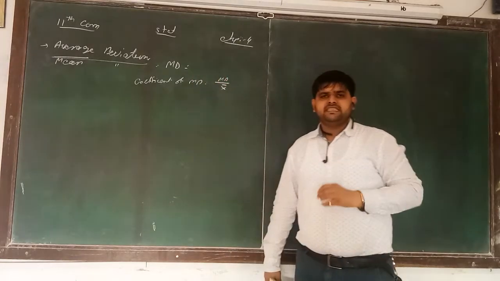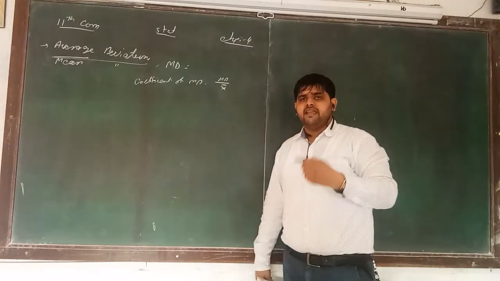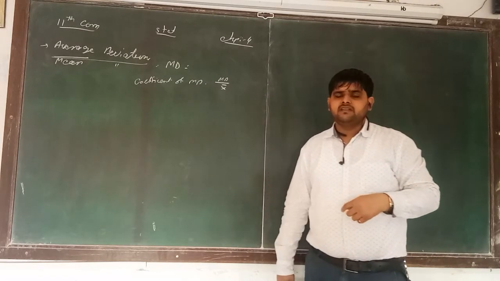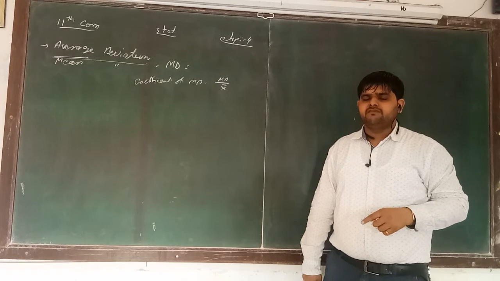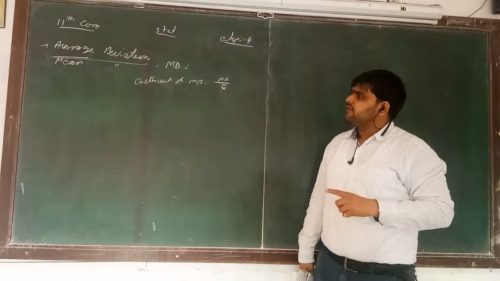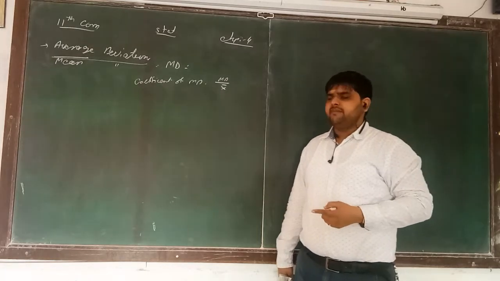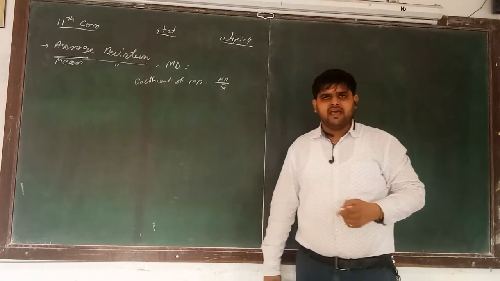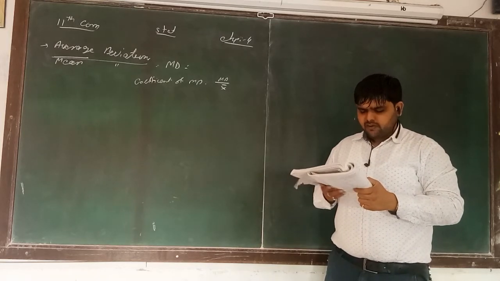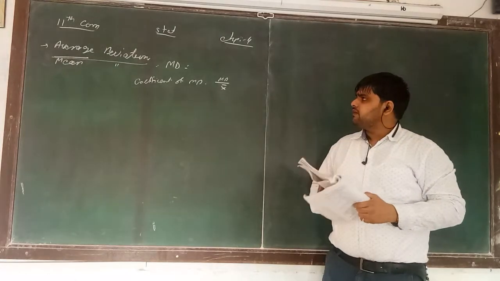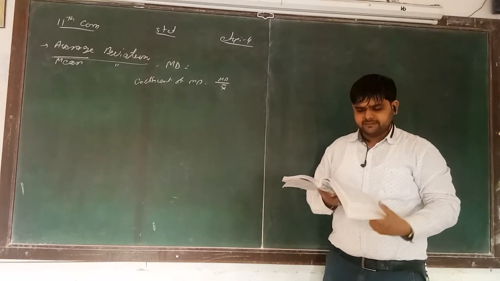Same way, we have range and coefficient of range, standard deviation and coefficient of standard deviation, quartile deviation with Q3 and Q1 that we have to use. Same here, mean deviation is MD and coefficient of MD is equal to MD divided by X bar.